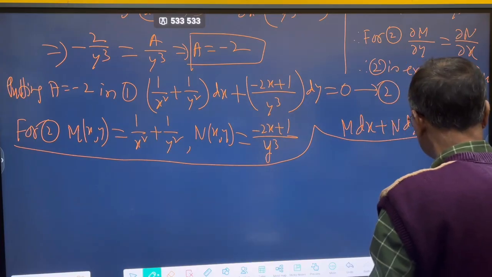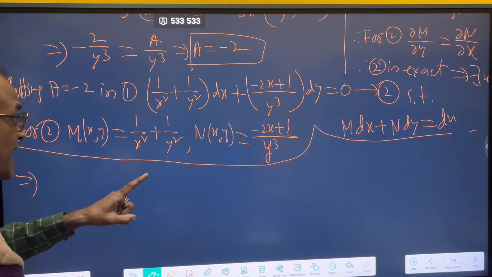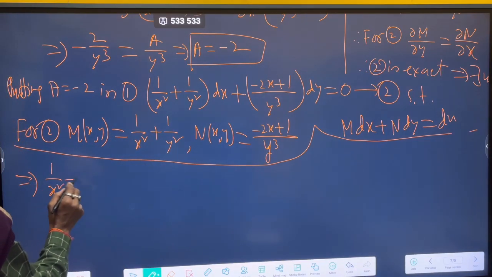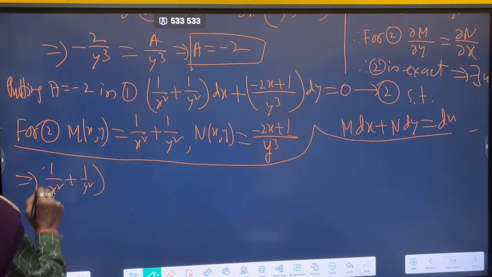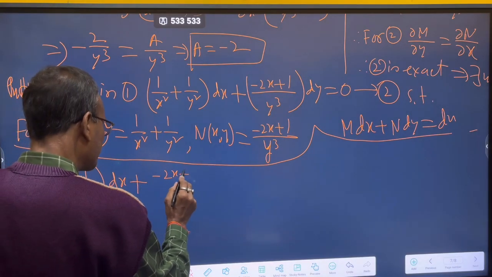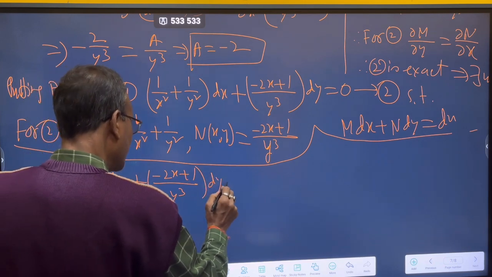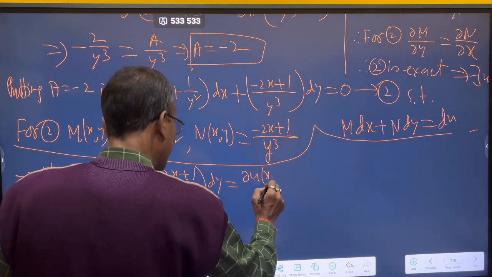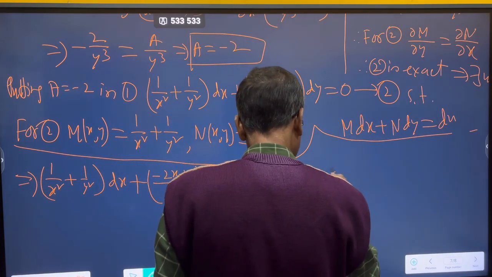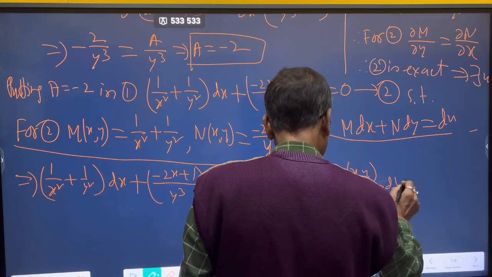This is du. This means that M dx plus N dy, that is (1/x² + 1/y²) dx + (−2x + 1/y³) dy, equals del u by del x dx plus del u by del y dy.